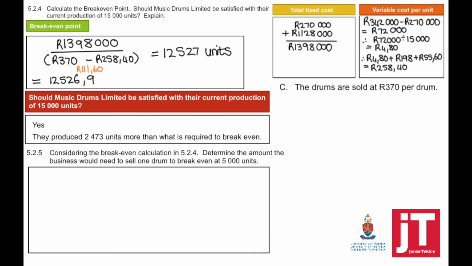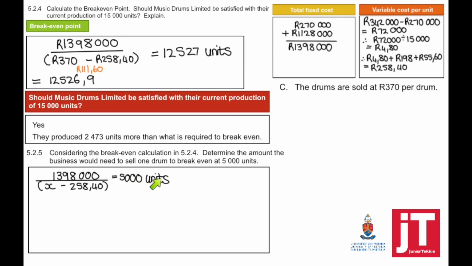5.2.5, considering the break-even point calculation in 5.2.4, determine the amount the business would need to sell one drum to break even at 5,000 units. So how do we approach this now? We use the same figures as above, which is the total fixed cost. But now we want to know what is the selling price. So this becomes our X. The variable cost per unit stays the same.